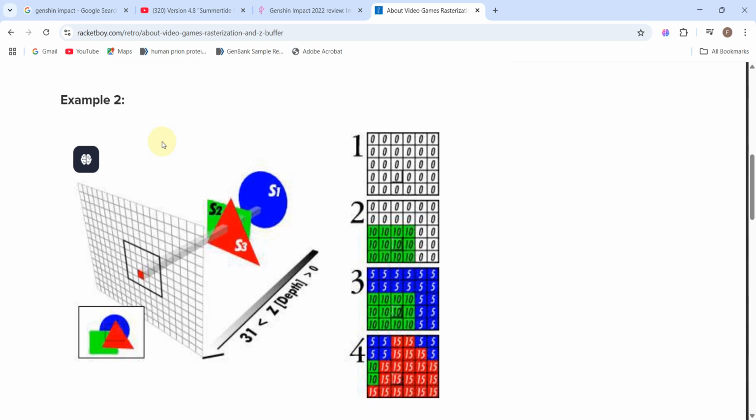I told you earlier that this algorithm is keeping two different buffers. Simultaneously, it's updating two different buffers. One is carrying the z-axis information, that is, how much depth or volume this shape has. That is the depth buffer memory.